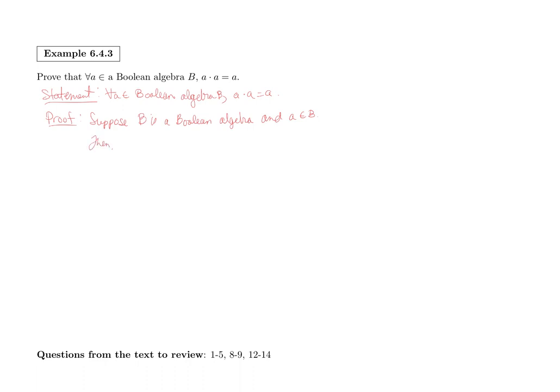Then we need to show that A times A is equal to A. Well, let's start with A. A is the same as A times 1 by the identity law. All right, well, we can also write 1 as A plus A complement, and that is by the complement law.